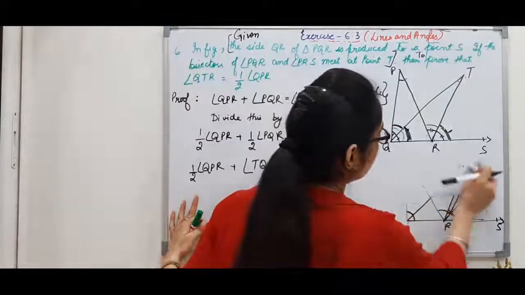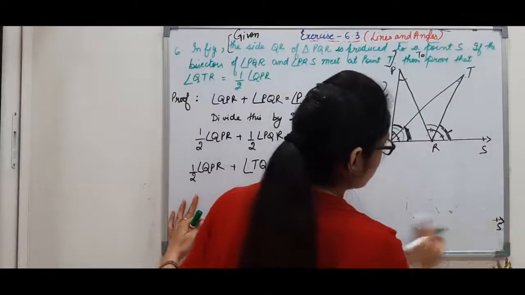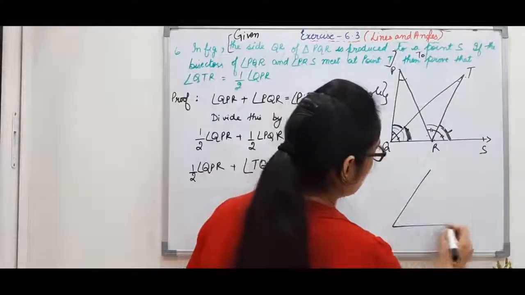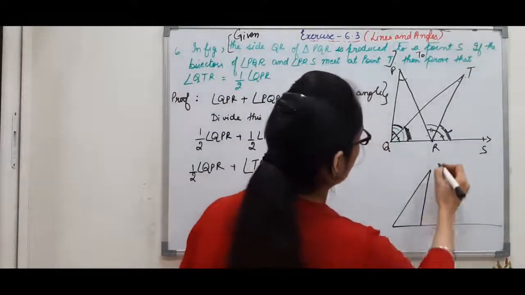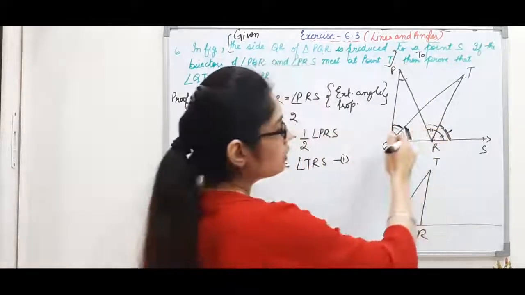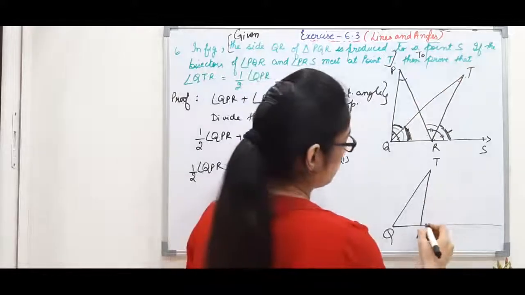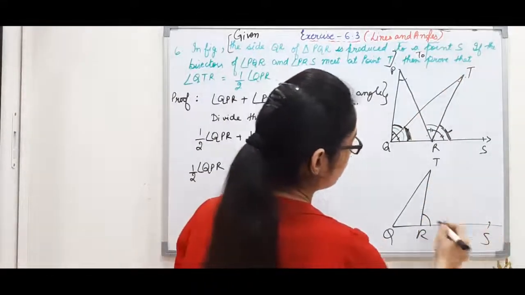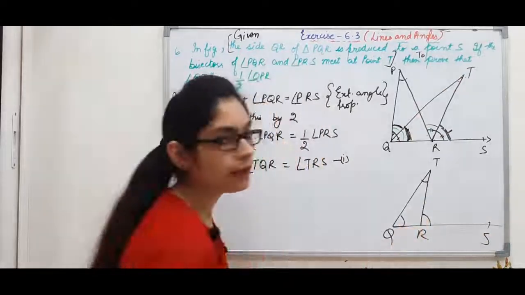Now let's use the other triangle. The same property, the exterior angle property, we have to use, but the triangle will be different now. It is TQR. Earlier we used this one, now we are using this one. Now this is the exterior angle for these two interior opposite angles.